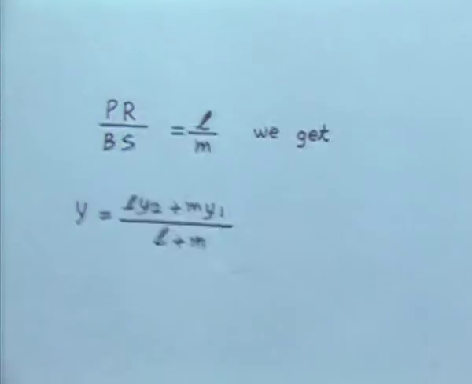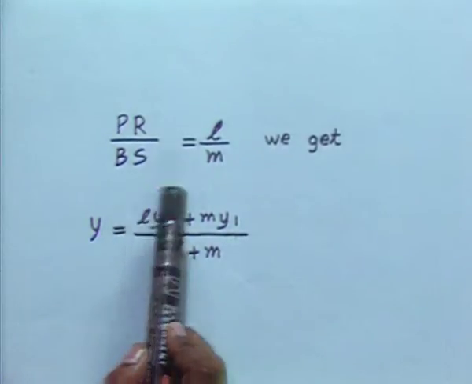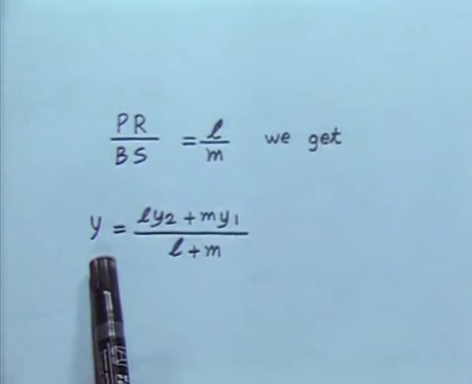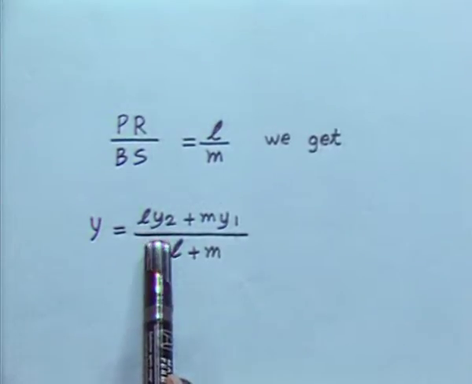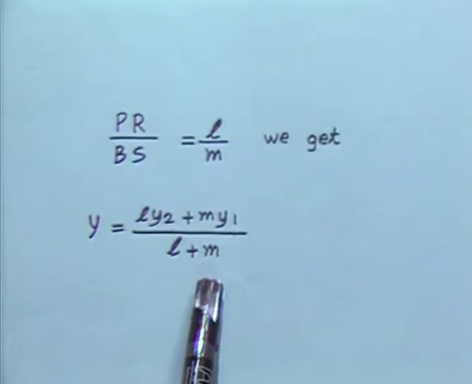On similar lines, we have PR upon BS is equal to L upon m, which gives us y is equal to Ly2 plus my1 upon L plus m. Madam, is there any simpler way to remember this result?